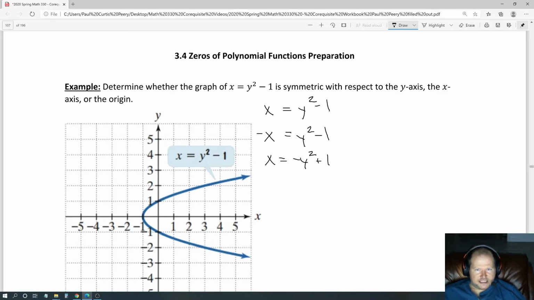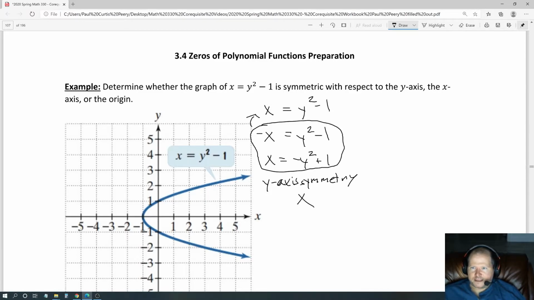Even if I do a little bit of manipulation, I can't get it back to the original. So as far as y-axis symmetry, it does not have it. No bueno. All right, so let's try the next one.